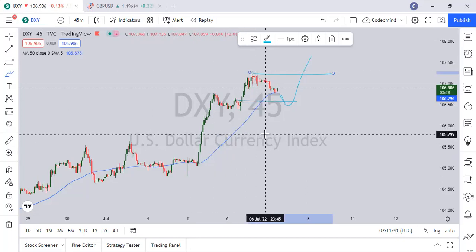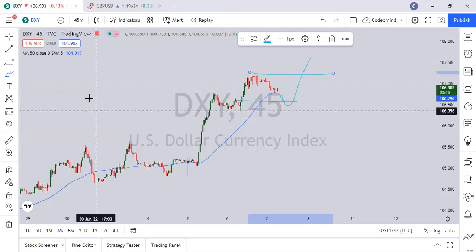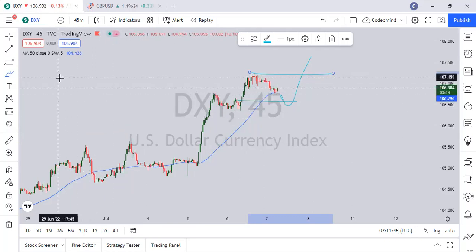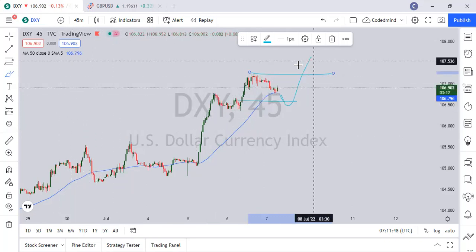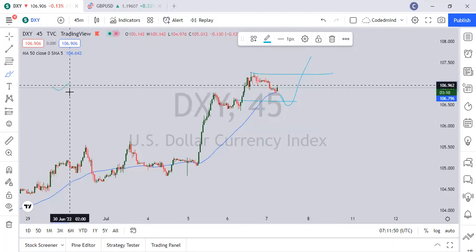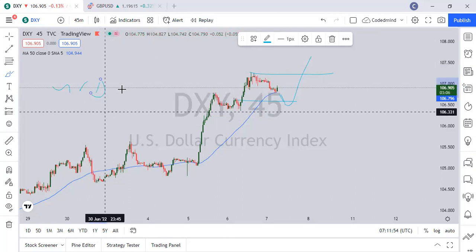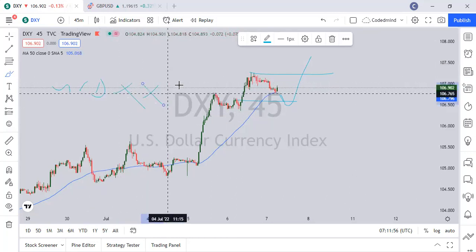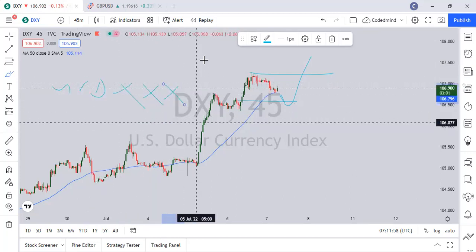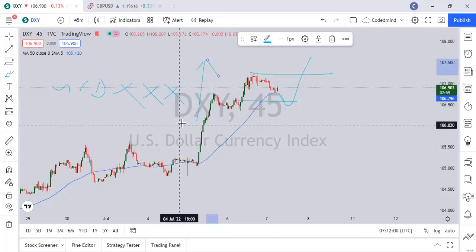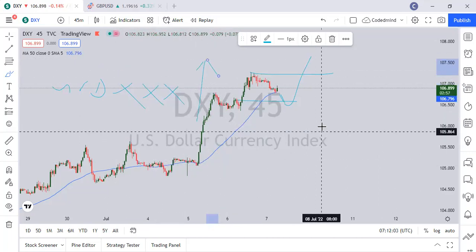So you should know that anytime the DXY is bullish, the USD pairs, the XXX against the USD, are all hot bullish, and you look for hot buying opportunities on them.